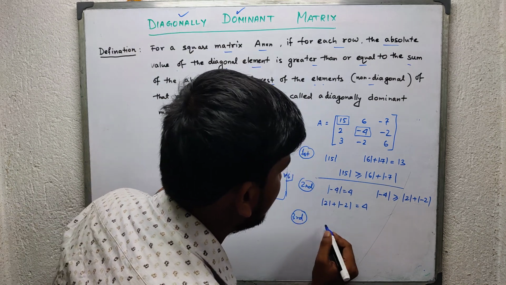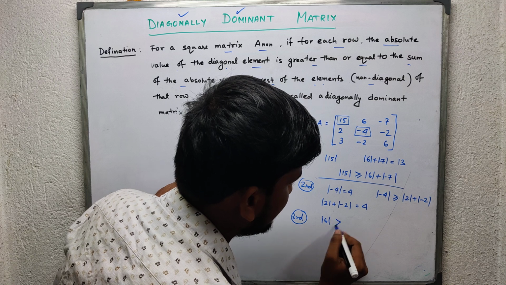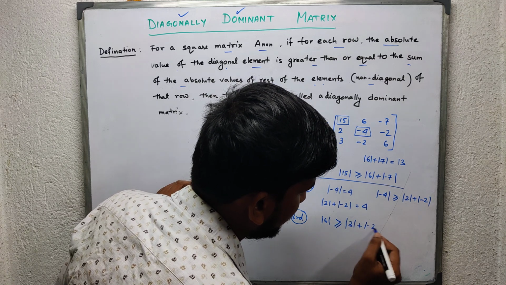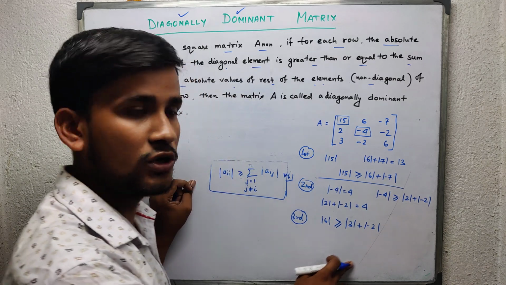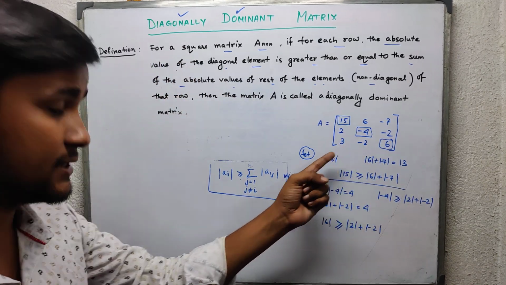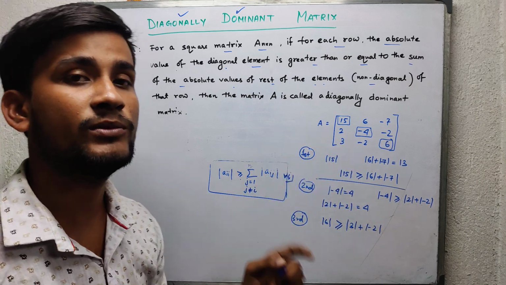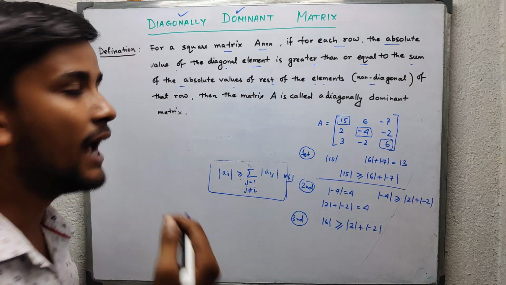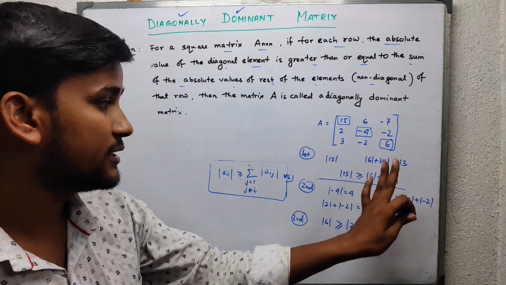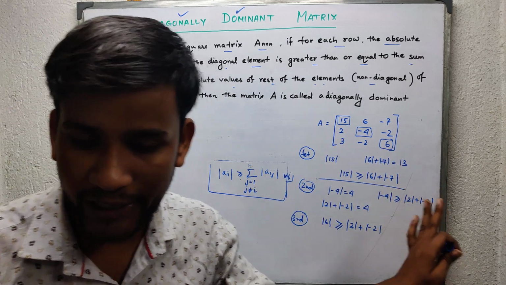We can also check that mod of 6 is greater than or equal to mod of 3 plus mod of minus 2; that is, this also holds for the third row. This element is greater or equal to the sum of the other two elements of that row. So this matrix is a diagonally dominant matrix.